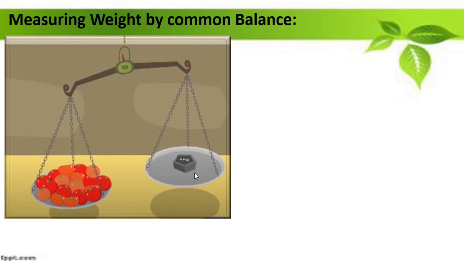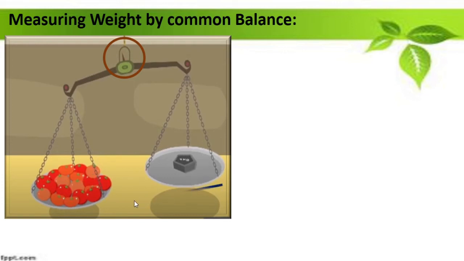Here this pointer helps us to measure things properly. See, this pointer is bending towards this pan, the pan which has tomatoes. So we can say that tomatoes are heavier than this weight.